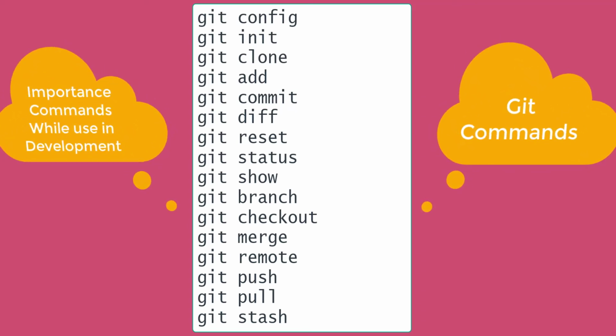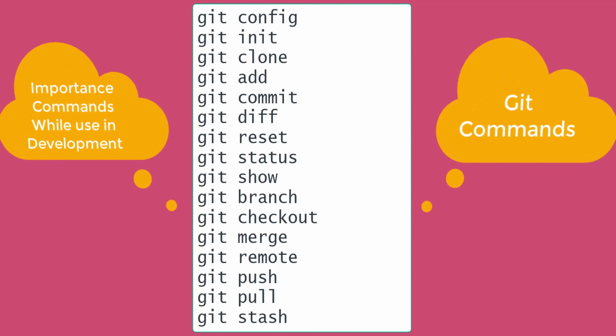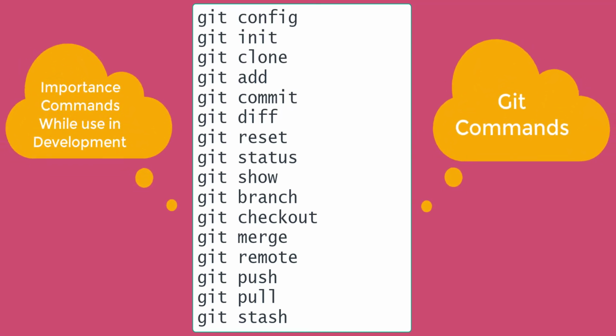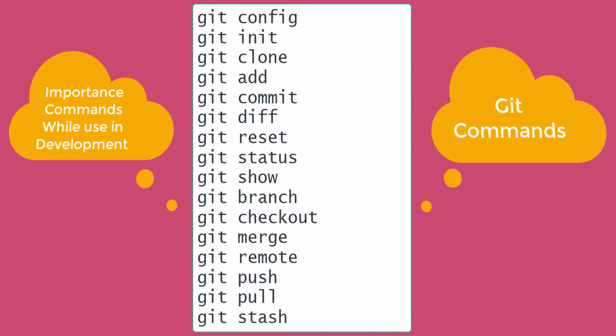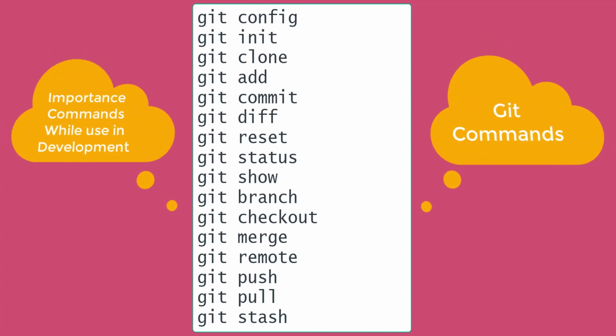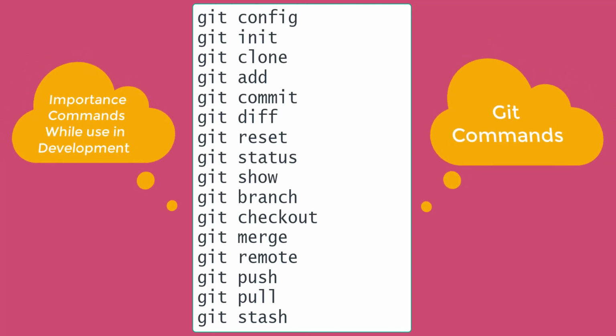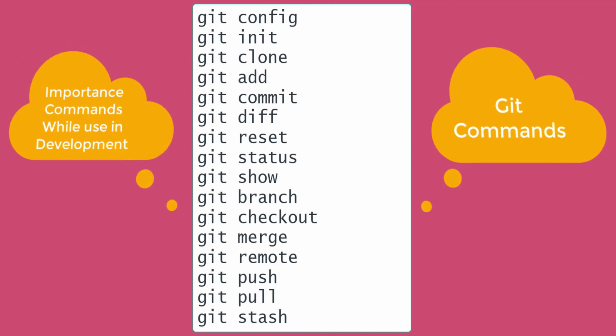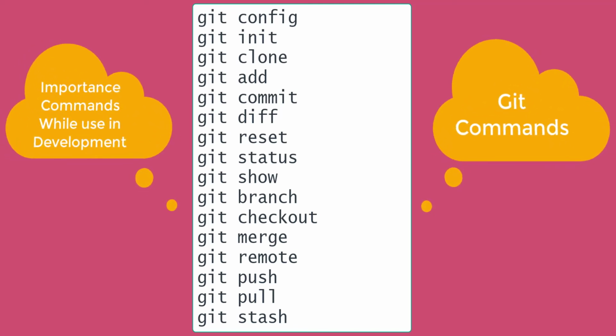Suppose you have 2 or 3 branches in your repos, and you already checked out A1 and want to check out A2. Now it will switch from A1 to A2. In that case, we use checkout.